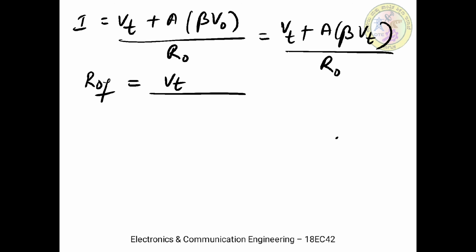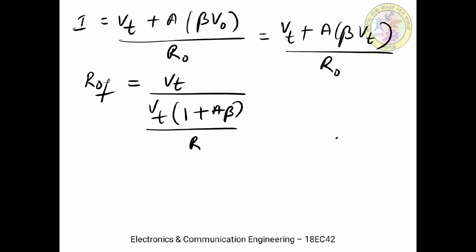So ROF will be equal to Vt divided by, taking Vt as a common factor, 1 plus A beta divided by R0. Vt gets cancelled, giving R0 divided by 1 plus A into beta.